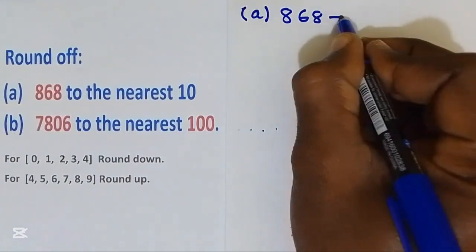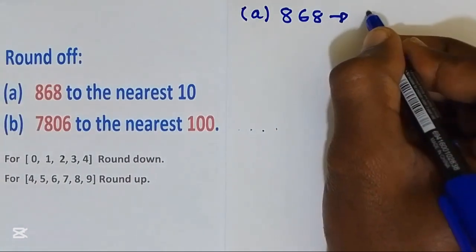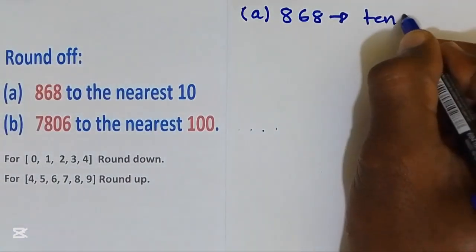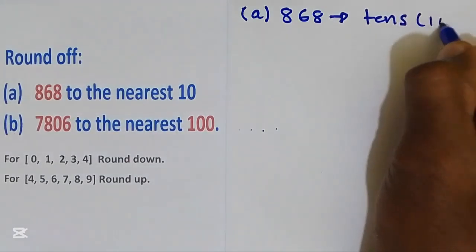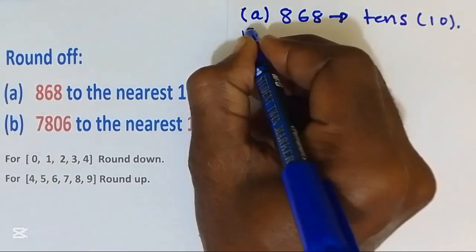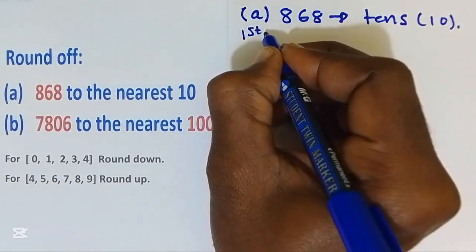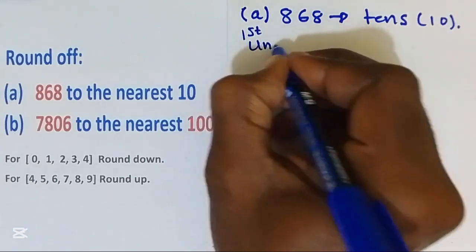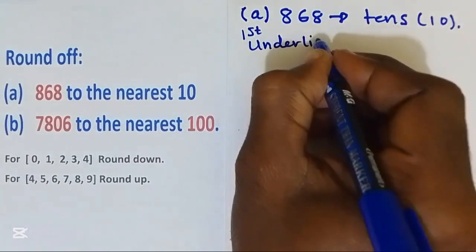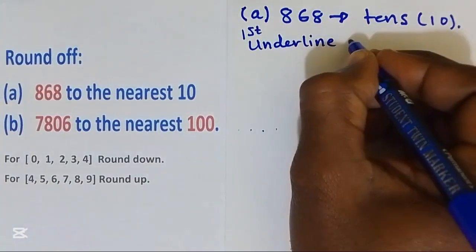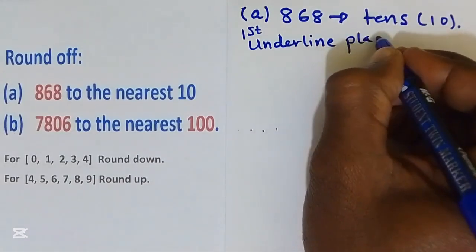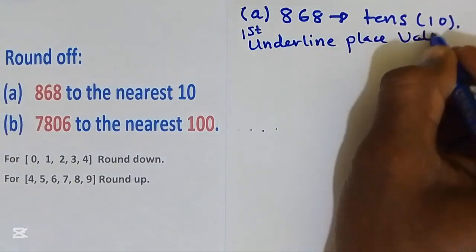A, we need to round 868 to tens. First, we are going to underline the place value rounded.